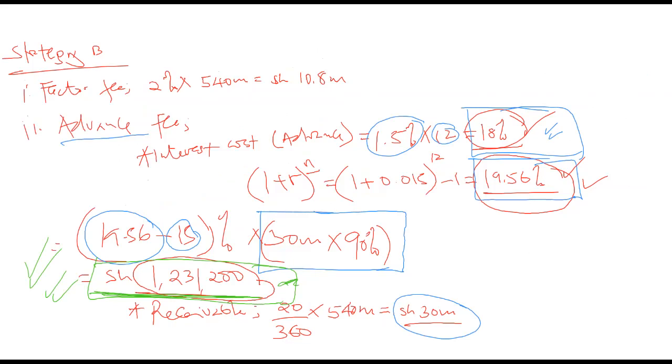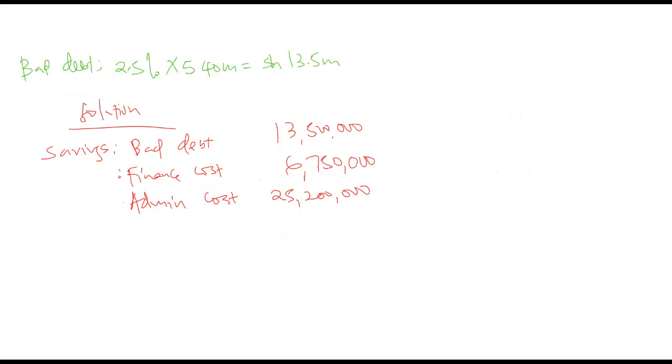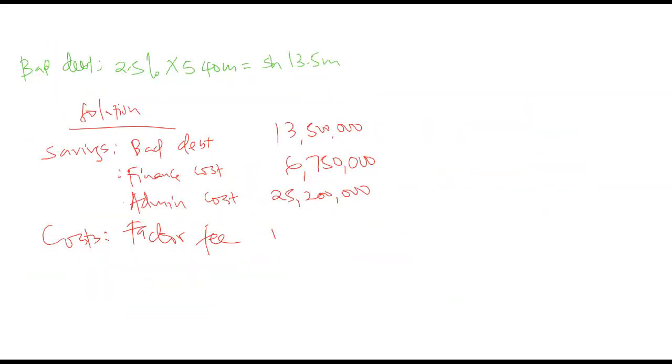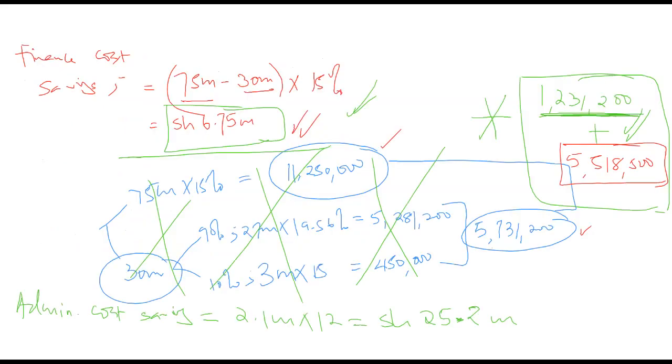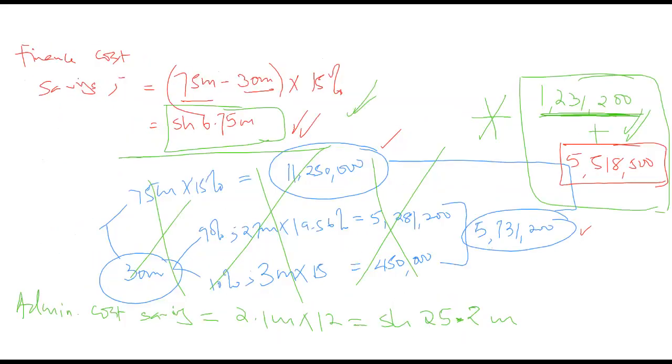What else do we save? Another saving. But you pay a fee, the factor fee, 10.8. So here we have cost. Factor fee, which is how much? 10.8. And I think you have another cost here, the advance fee, the incremental cost.